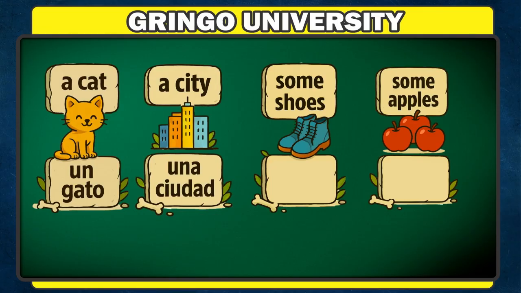Ciudad is feminine, so we use una. Now translate some shoes. Unos zapatos. Great. Masculine and plural match to unos. And some apples? Unas manzanas. Exactly. Feminine and plural match to unas.